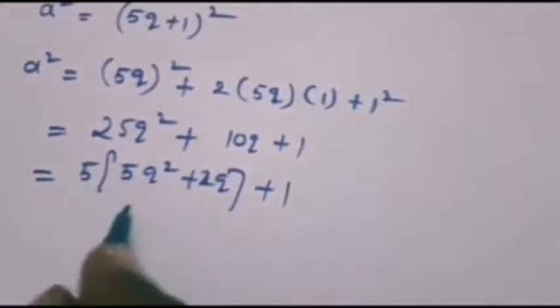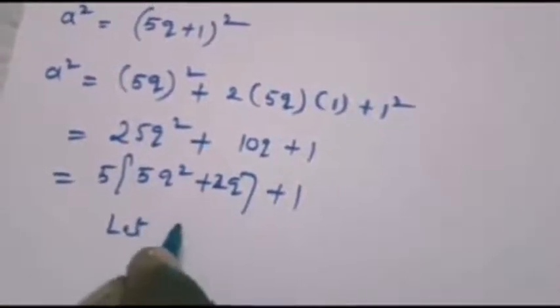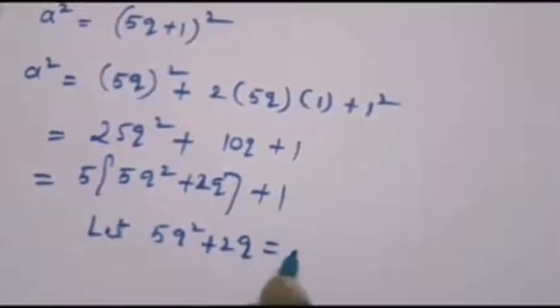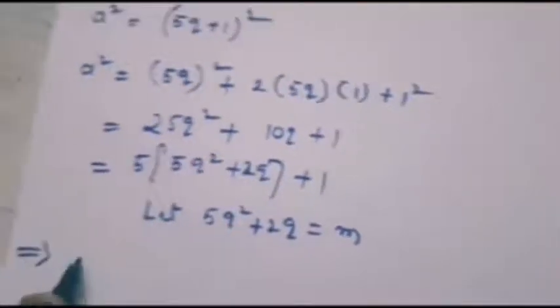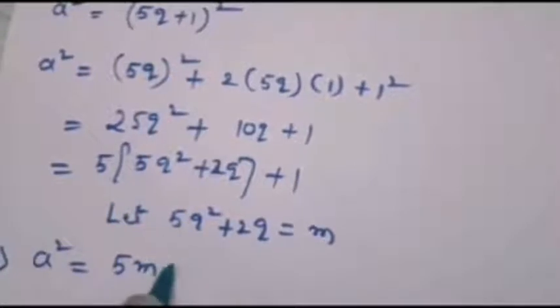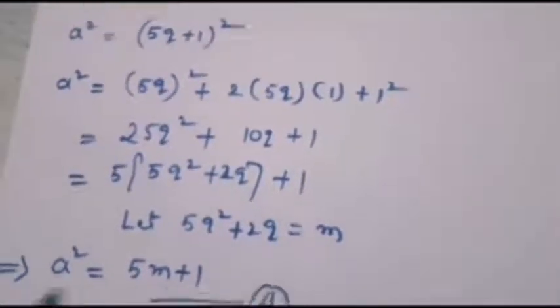Let us assume 5q square plus 2q equals m. Then I can write a square equals 5m plus 1, equation number 3.